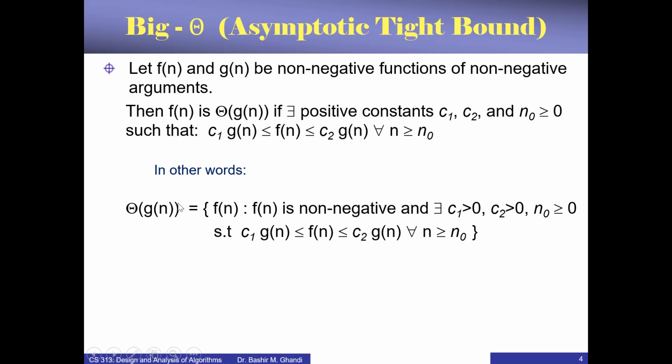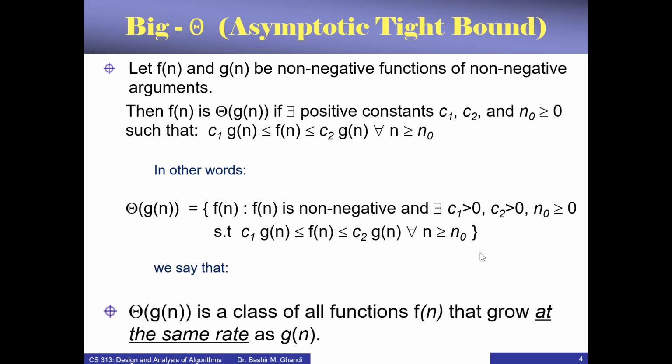The theta of gn is actually a set of functions for which we can always get the three constants, c1, c2, both of them positive, and n0, which must be greater or equal to 0, such that fn is greater or equal to c1 times gn, but less than or equal to c2 times gn. And this is for all n values. n is the argument, if you remember. So for all values of n that are greater than n naught.